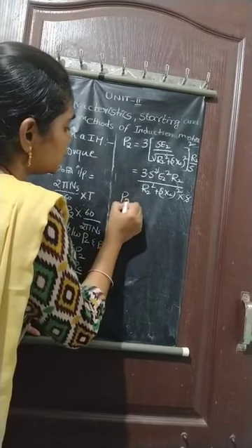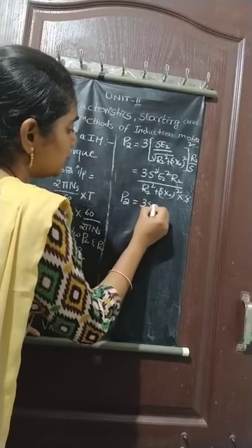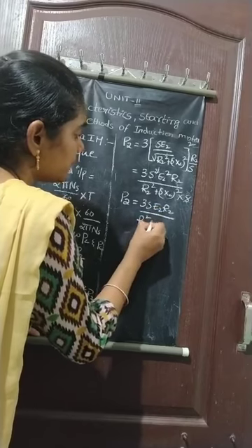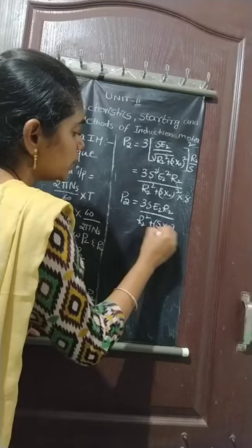So P2 is equal to 3 S E2 square R2 by R2 square plus SX2 whole square.